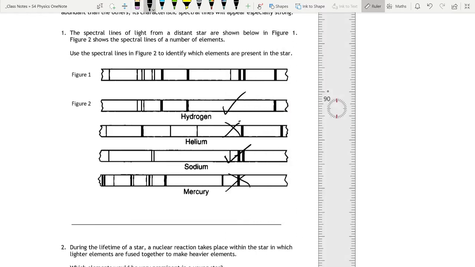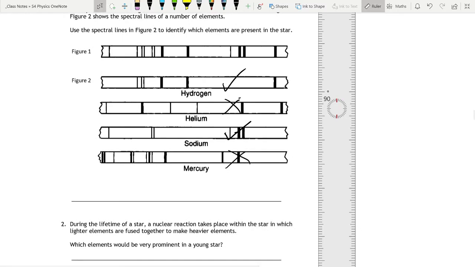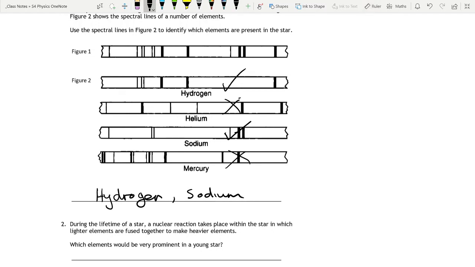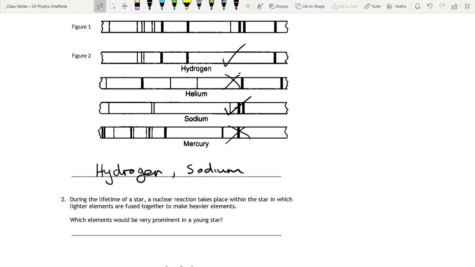So it has to match completely. So we've got two things in there. We've got hydrogen and we've got sodium. Okay, so it is quite a nice gift of a question if you're given it, because all you do is just matching. Just nice matching.